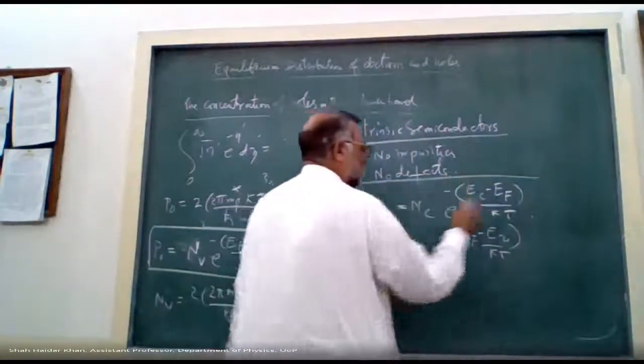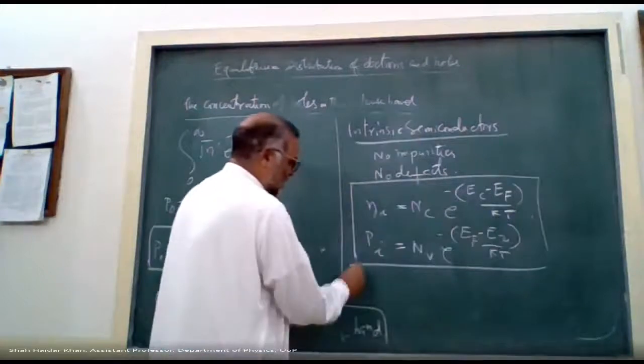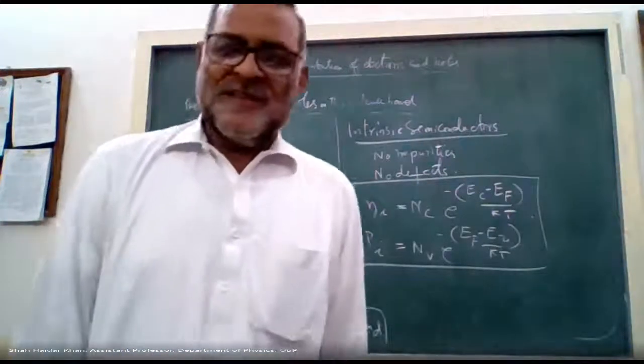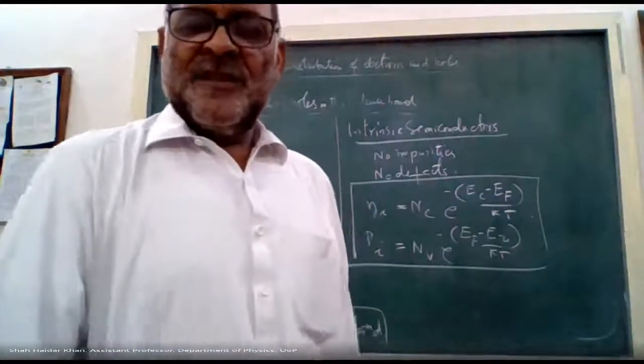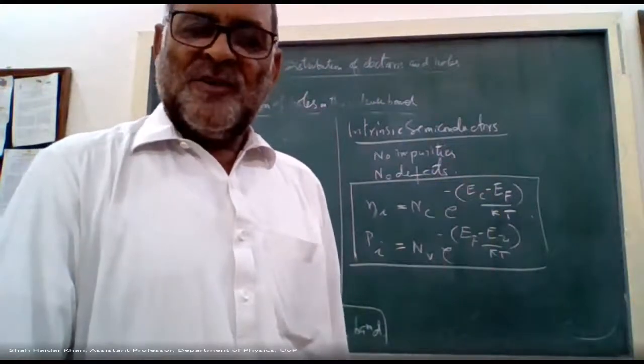These are the concentrations of electrons and holes. Concentration means the number per unit volume.